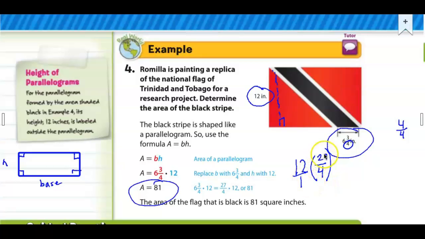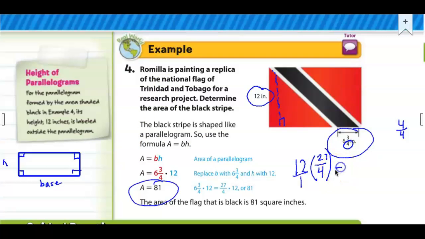So 1 and 27, that cannot be simplified, but can 4 and 12 be simplified? Can we divide 4 into 12, for example? Go ahead and answer that question for me. What is 12 divided by 4? You're exactly right. That is 3.